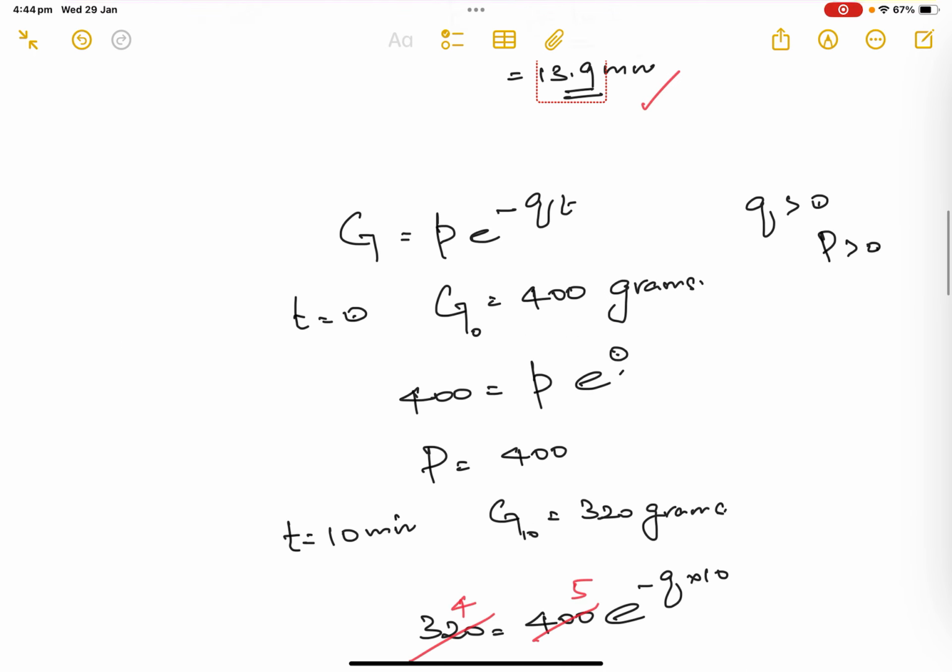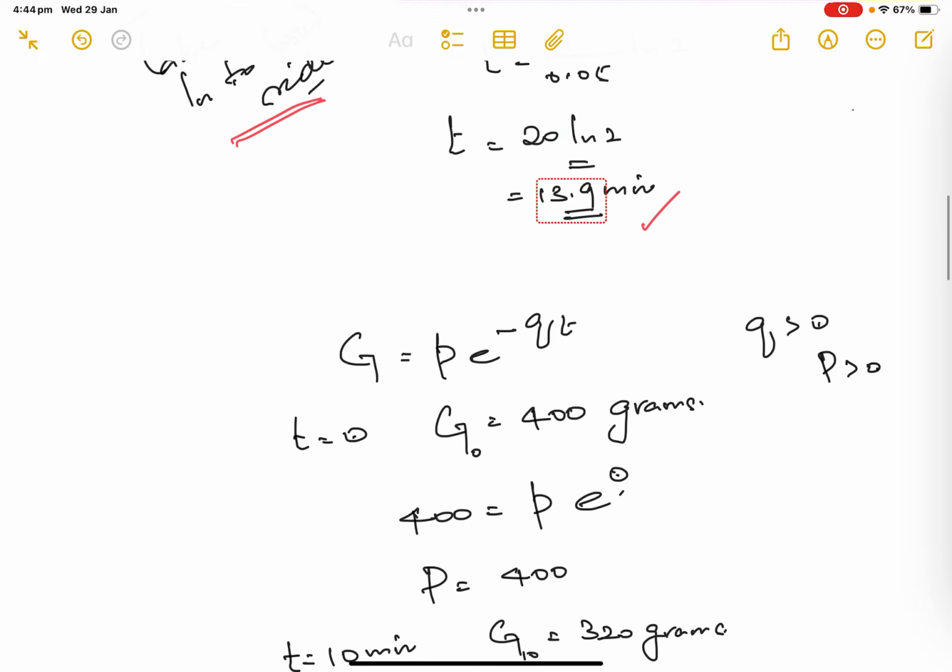So for the second substance, also decaying, we don't know any values: the coefficient of e, and the value in front of t. So I just took the model equation for the second substance as G equals P times e to the power of qt, where P and Q, which we need to find, are both positive.